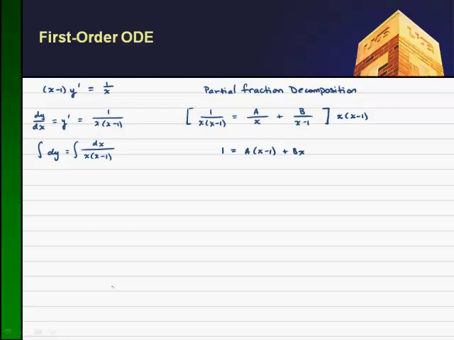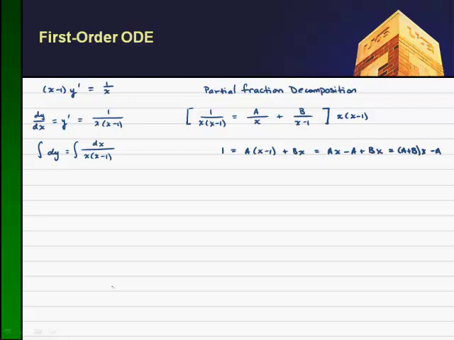If I distribute the a, I get ax minus a plus bx, and then if I factor out an x, I'll get a plus b times x, and then I just have the constant minus a.